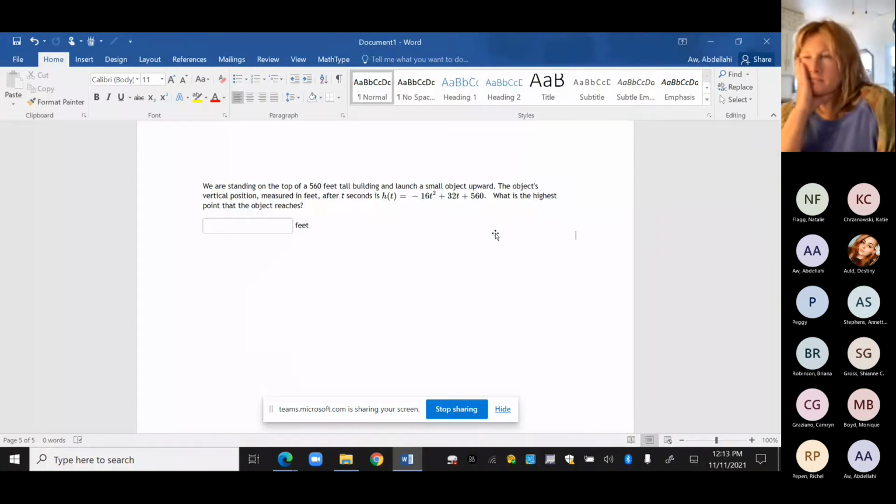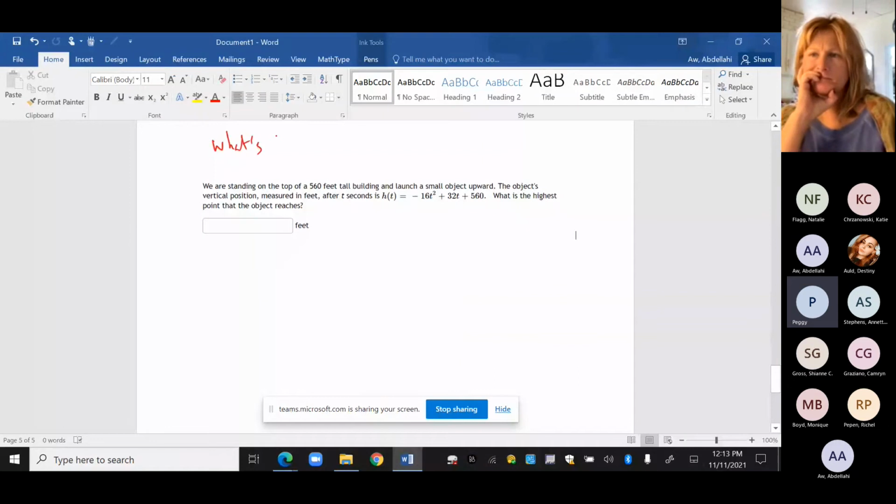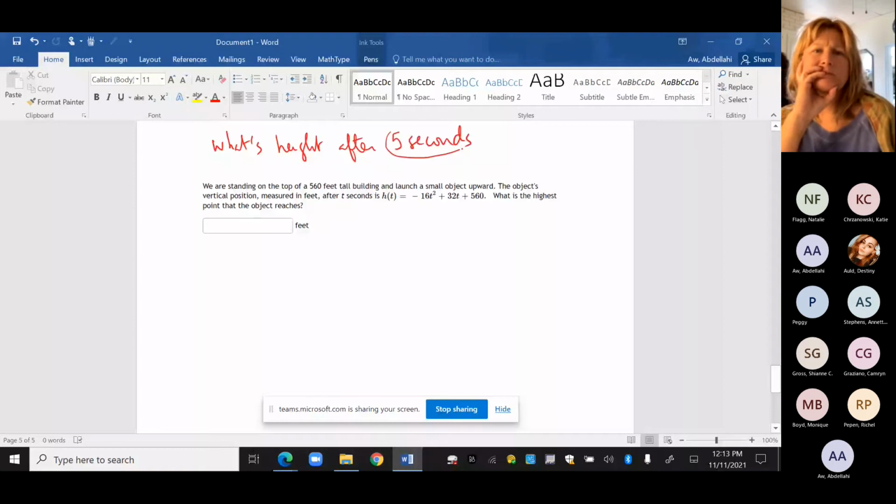The 5 seconds will be the value of what variable? The t, because t is time in seconds.